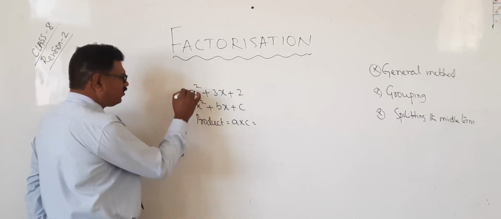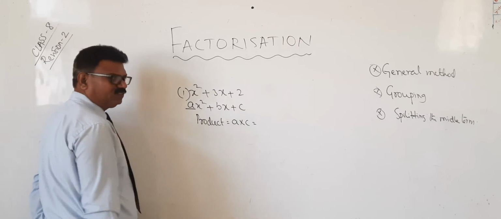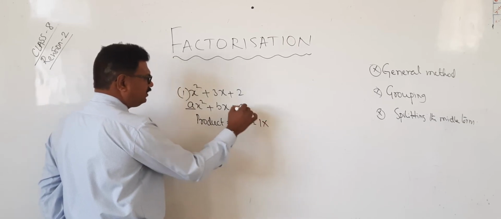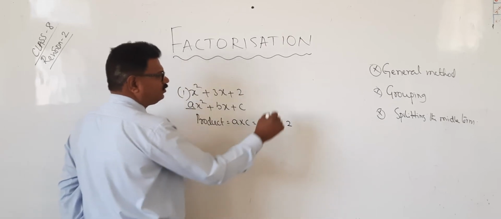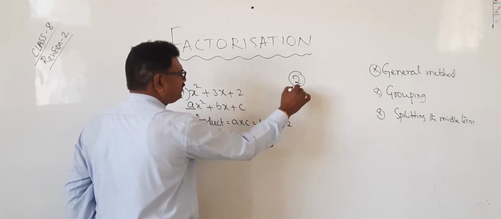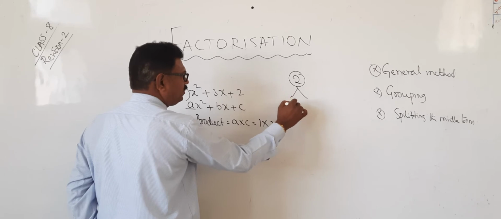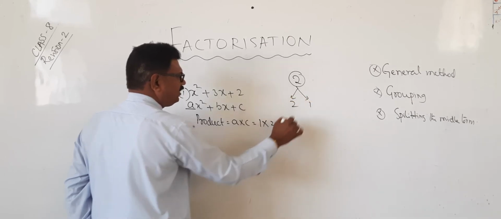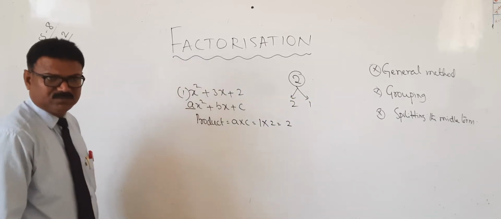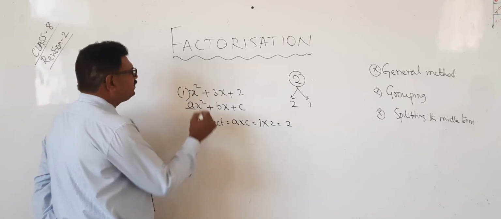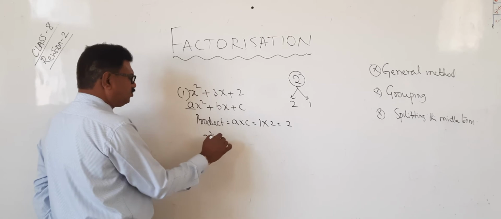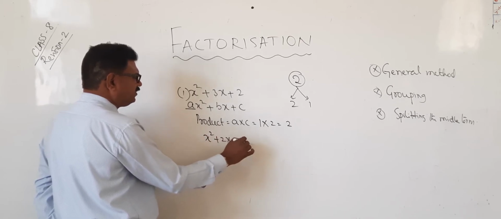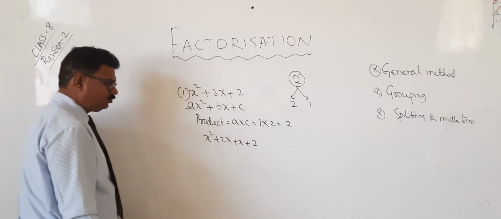Here a is nothing, which means 1, into c equal to 2. 1 into 2 is 2. Now we should write the factors of 2. So 2 and 1, therefore x square plus 2x plus x plus 2.